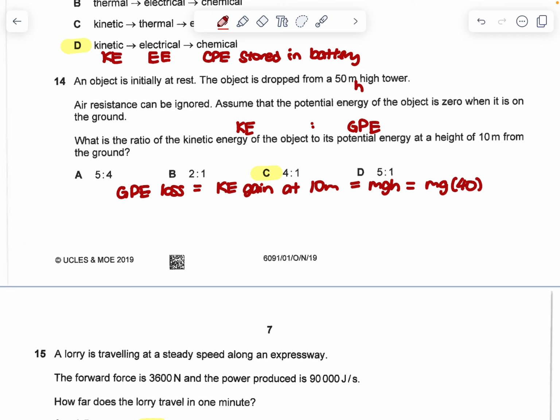So at the height of 10 meters, the object will have fallen 40 meters. So KE at 10 meters ratio to the GPE at 10 meters is mg 40 ratio mg 10. Resolve it, 4 to 1.